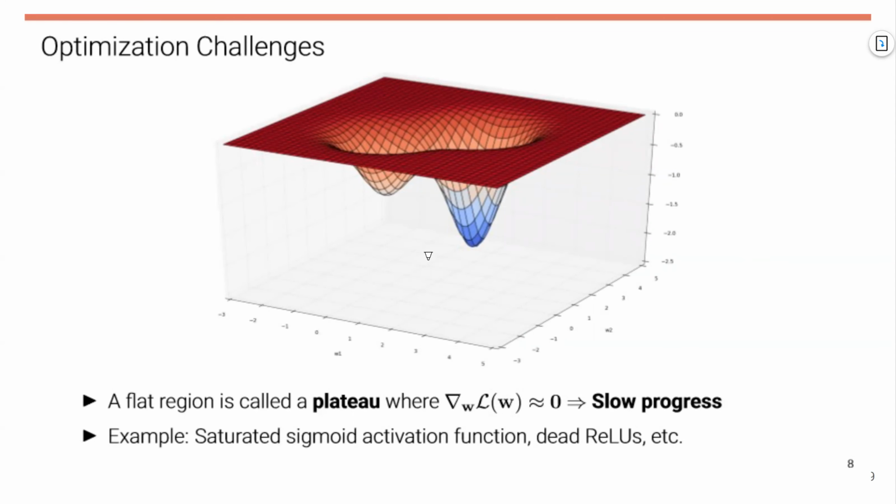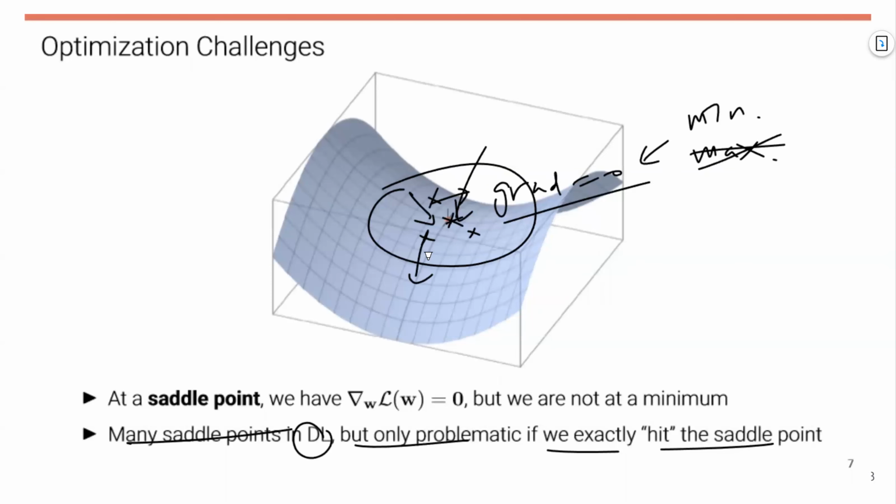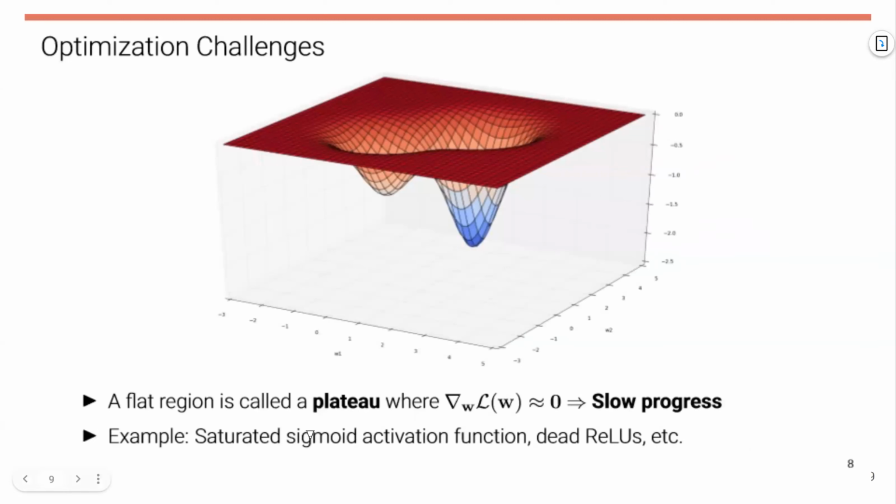And I told you that saddle points are not a big problem. However, the plateau becomes a huge problem because the gradients are all 0 here, and it leads to slow progress or no update at all.